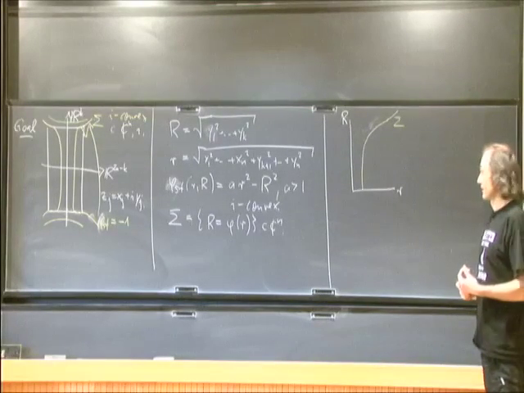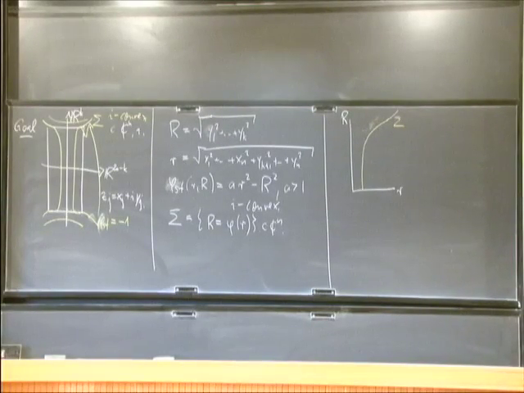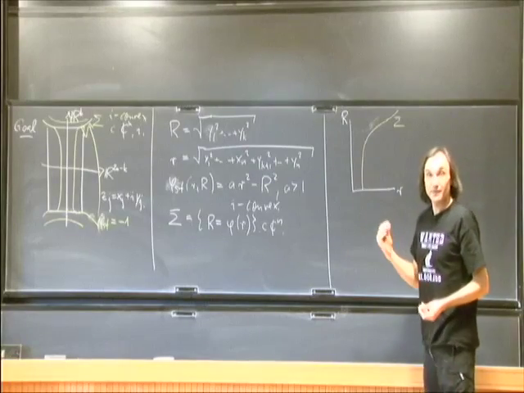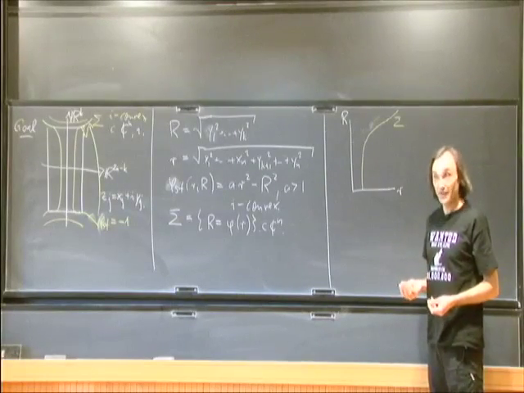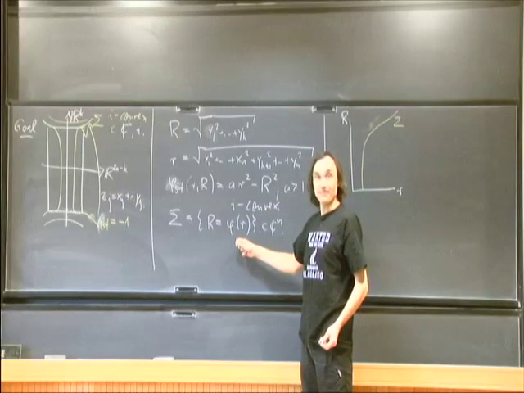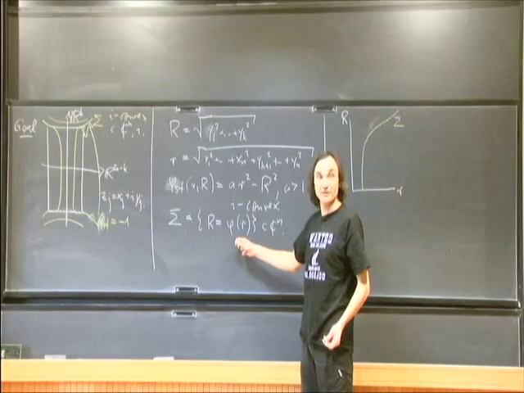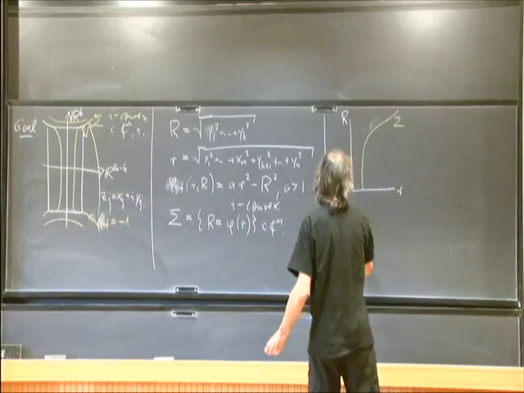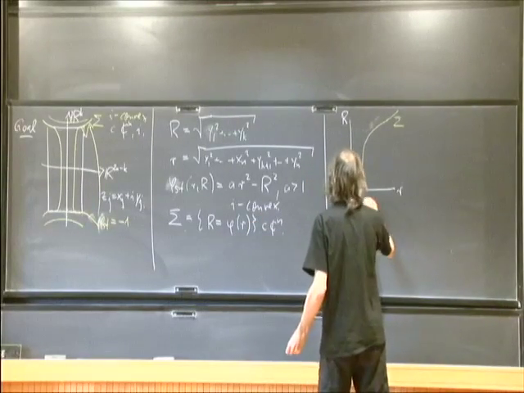Okay. So now one needs to make some rather lengthy computation. If you describe a hypersurface like this, then you compute what is the condition for this hypersurface to be J-convex. So sigma is J-convex.